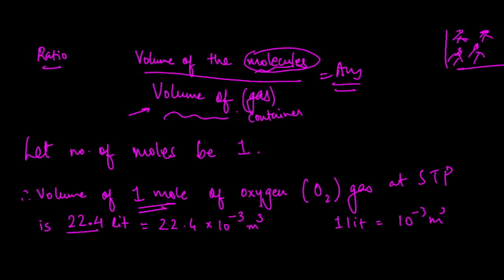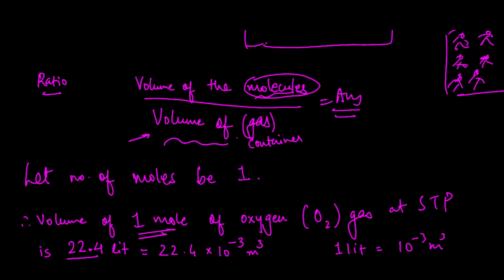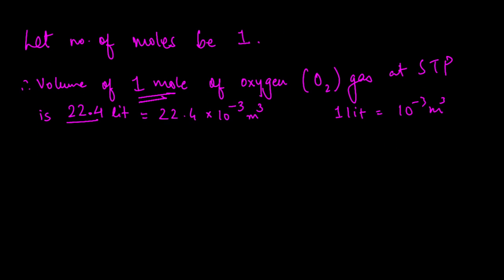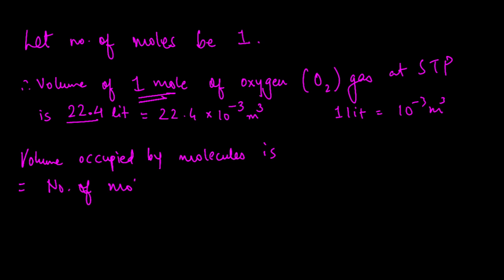Now, what about the volume of the molecule? Let's start with this. The volume occupied by the molecules is fairly simple: the number of molecules multiplied by the volume of 1 molecule.